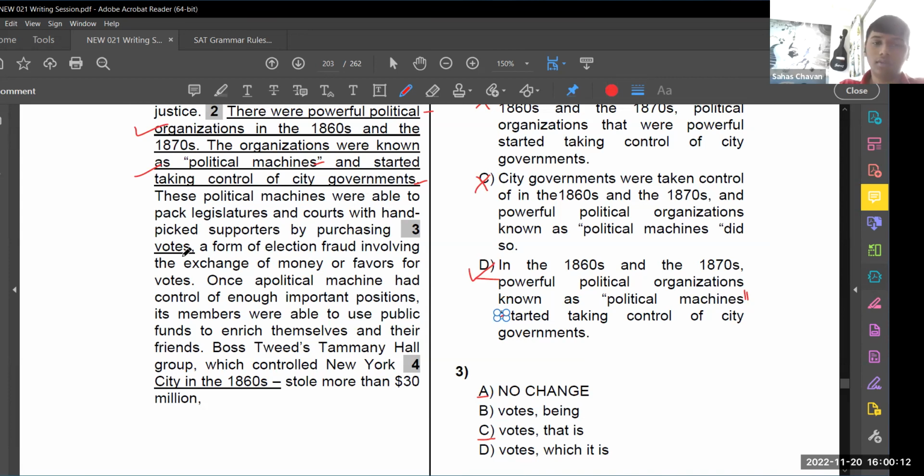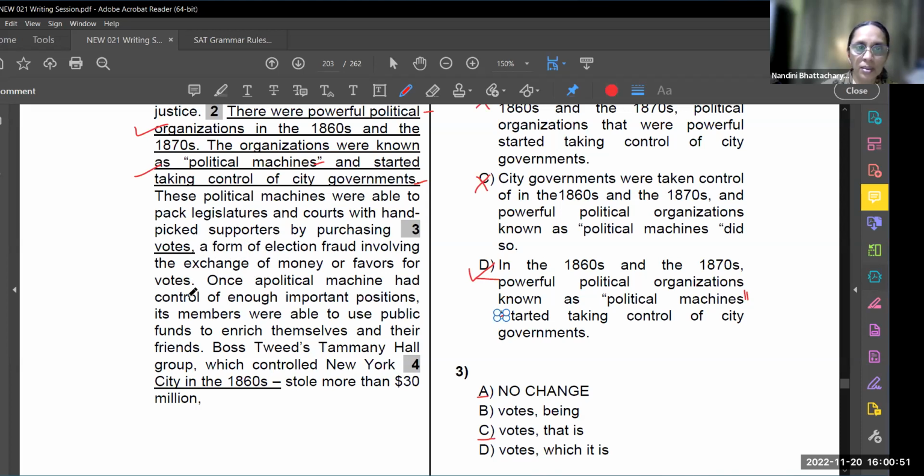Ma'am, after the comma, it's explaining the process. Yeah, it is explaining what it is. So these political machines were able to pack legislatures and courts with hand-picked supporters by purchasing votes. Then after the comma, it tells you a form of election fraud involving the exchange of money or favors for votes. So this comma serves as the purpose of setting up a pause instead of a colon or a dash to show that, okay, this next part is an explanation.